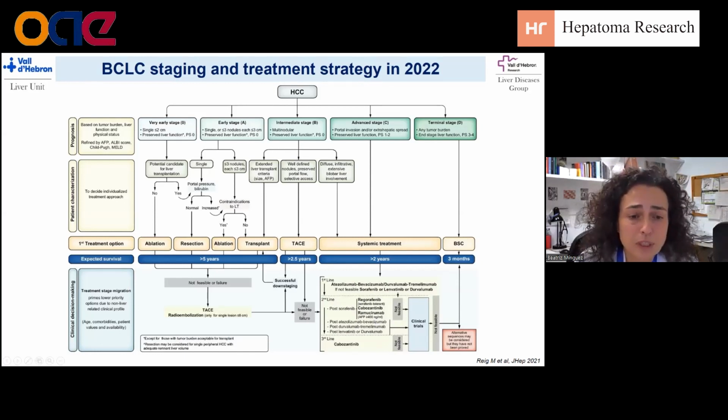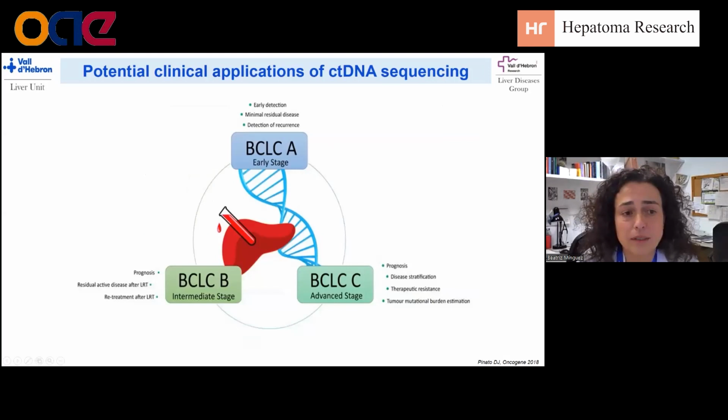So where can liquid biopsy help? And I'm displaying here a picture that is mentioning ctDNA, but it could be also applicable to other components of the liquid biopsy. And I like to display it because it's quite graphic. In early stages, of course, we can improve the early detection and also discriminate those patients that are going to have more risk of recurrence, to be able to be more active with them.